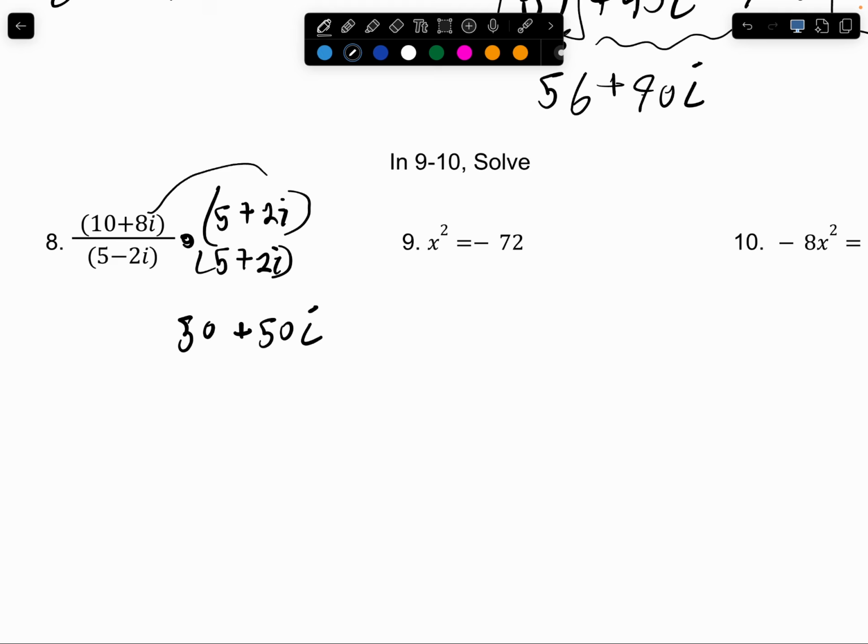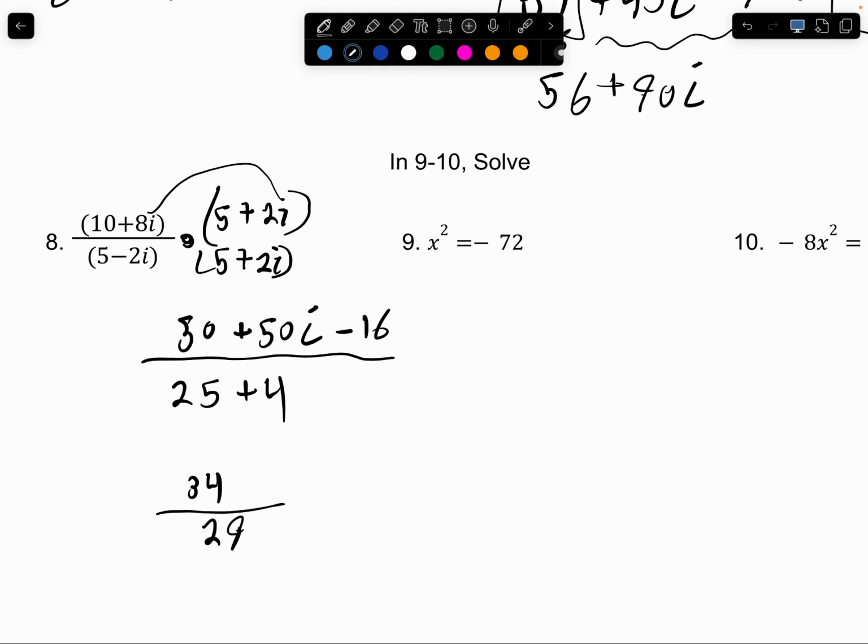And the last one is 8 times 2, 16i squared. Positive 16i squared, so minus 16. On the bottom, we have 25, and we have minus 4i squared, so it's plus 4. 29, and on top you have 50, take away 16, 34.